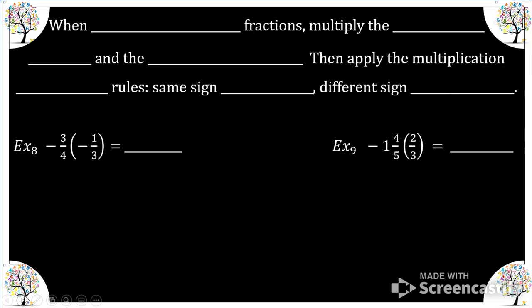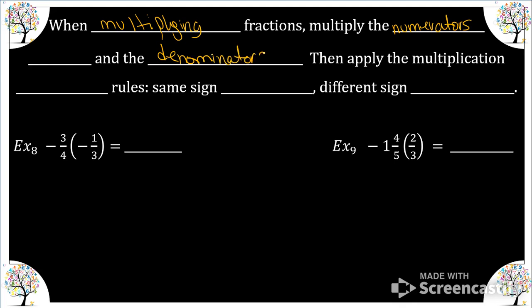So now we're going to take a look at multiplying fractions. So when multiplying fractions, multiply the numerators and then multiply the denominators.